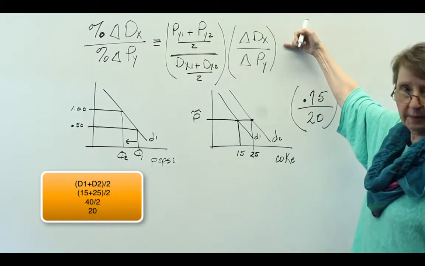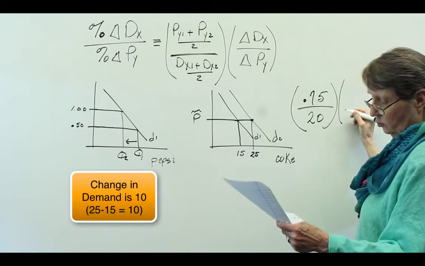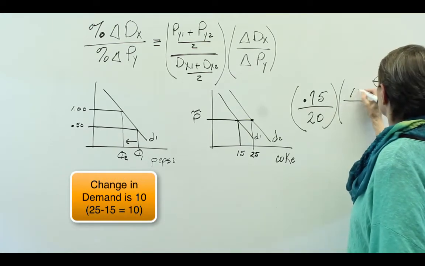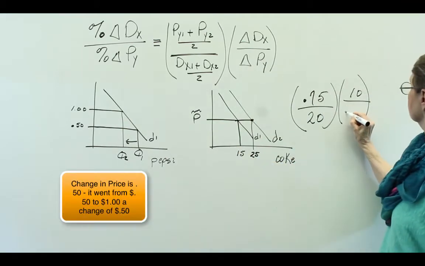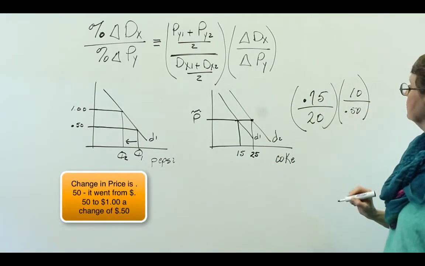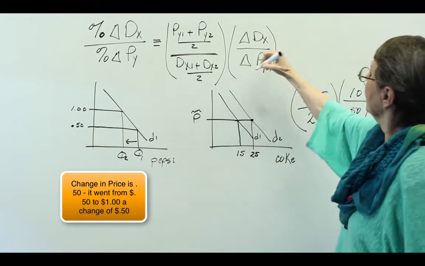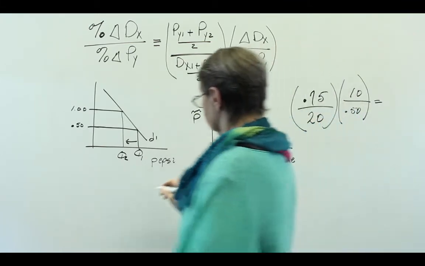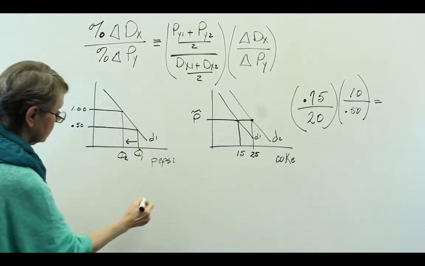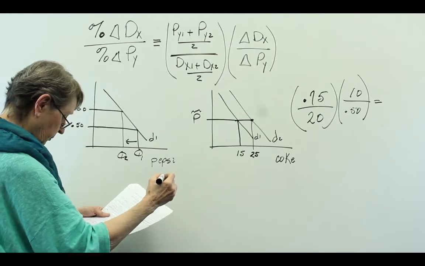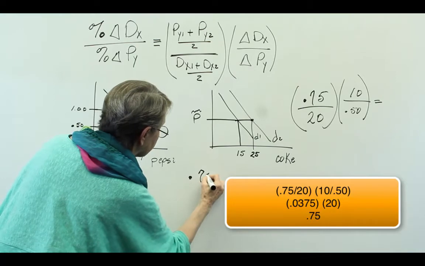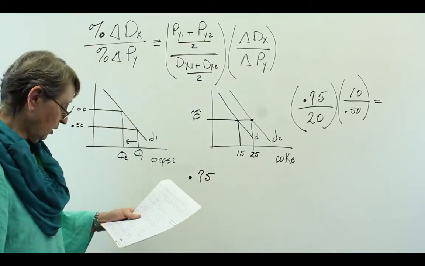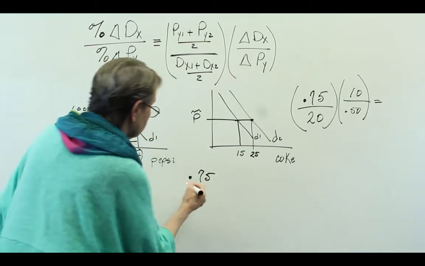The change in demand is going to be 10. The change in price is 50 cents. And so our cross-price elasticity calculation turns out to be 0.75. And so how do we interpret this?